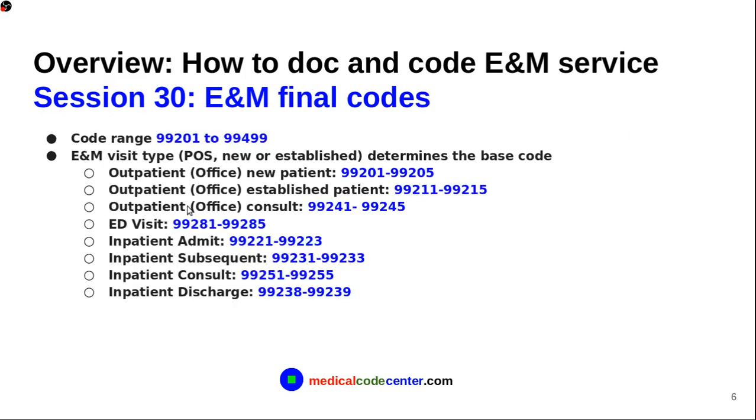So the code range is basically, the final code is from 99201 to 99499. So the codes within this range are all E&M final codes. As we said, there are usually 5 levels or 3 levels, but the base code, where the level starts, is determined by the E&M visit type.